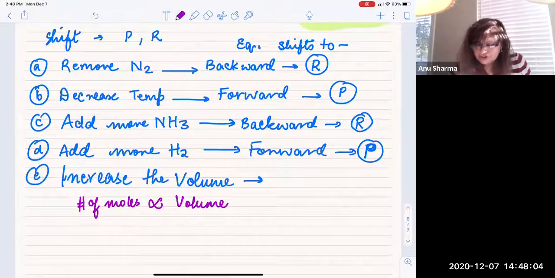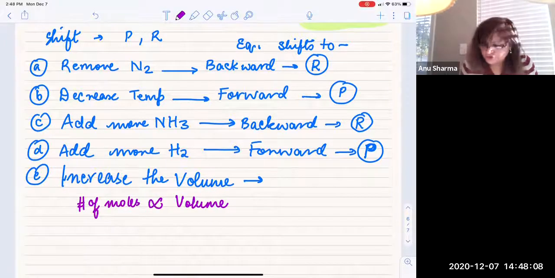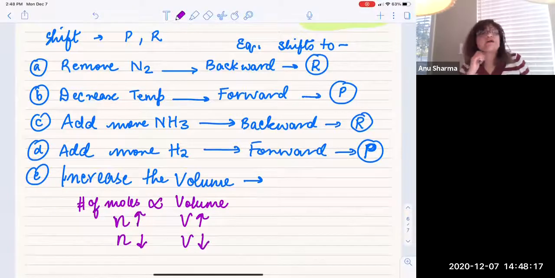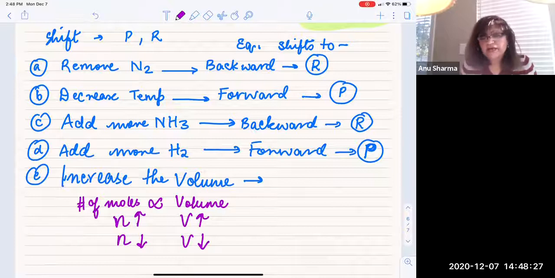So it is just going to move in whichever direction there are more moles. Number of moles increase, volume increases; number of moles decrease, volume decreases. In other words, if you decrease the volume, the reaction is going to move in the direction where there are fewer moles. If you increase the volume, the reaction moves towards the side with more moles.